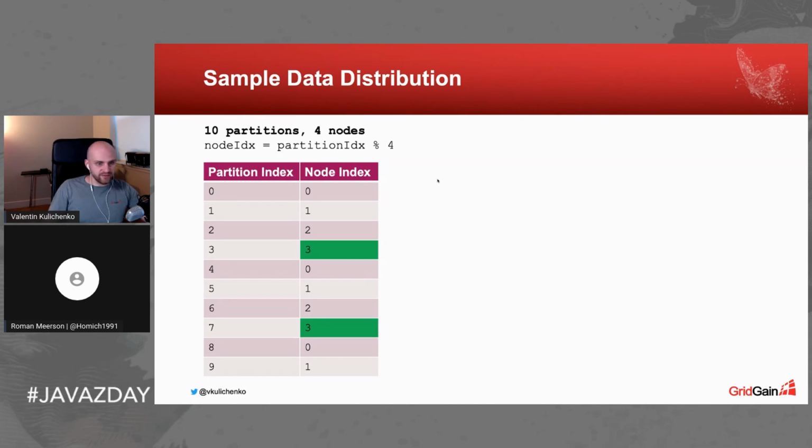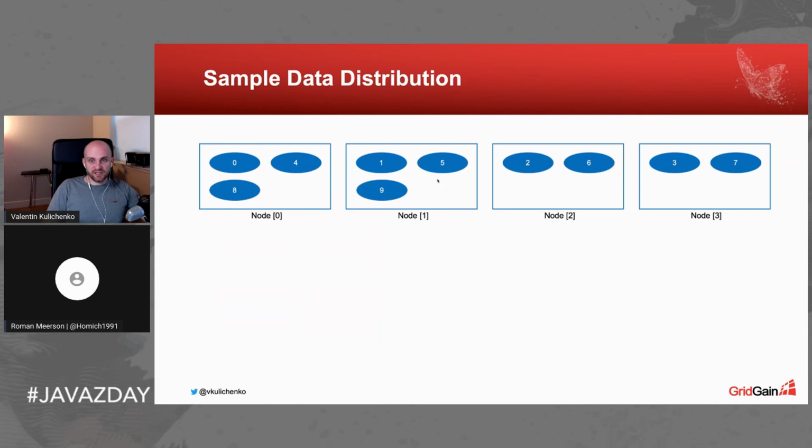And of course, we have a couple of partitions now mapped to this new node, which has index 3, right? That's the node that we've introduced into the system, and that's actually what we want. So the distribution will look like this, right? Again, every node will have a certain set of partitions, and again we have a very good even distribution. But let's compare those two. So this is our new distribution with 4 nodes.